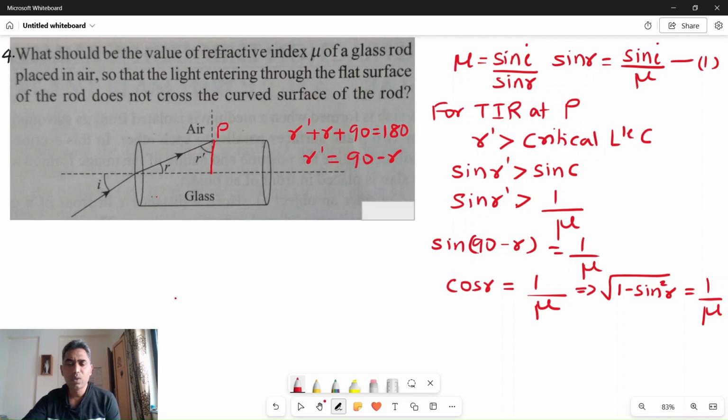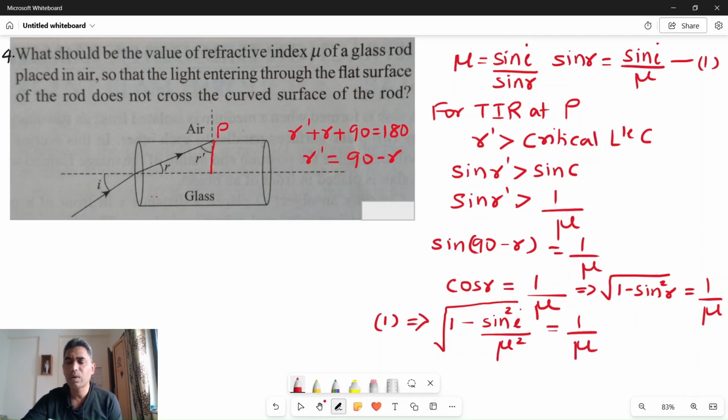So if you substitute for sin R, we have root of 1 minus sin square I upon mu square is equal to 1 upon mu. If you remove the square root, then here we'll have 1 upon mu square.